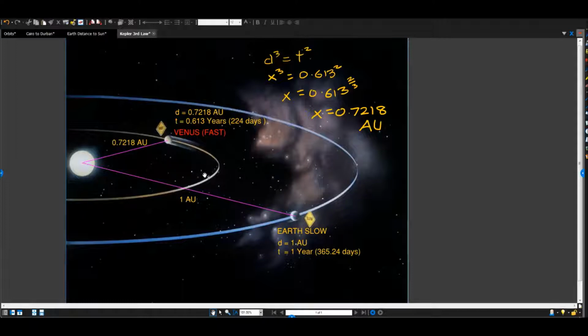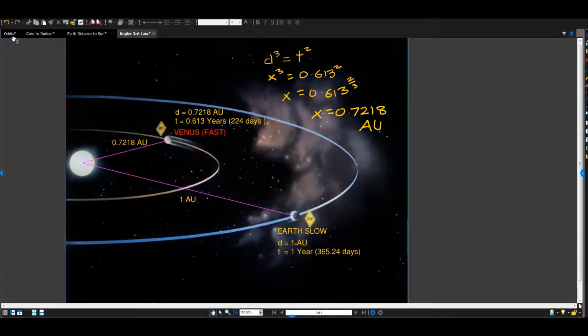If you wanted it to scale, it probably should be out here somewhere. But anyway, that's good. Relative to the Earth's distance to the Sun, Venus's distance is 72.18% of that. So that's quite useful. That's all we can do from there.